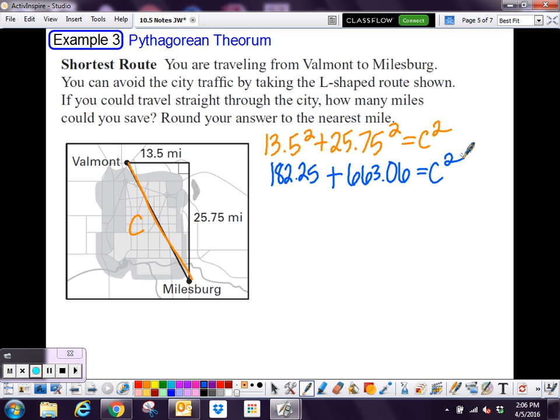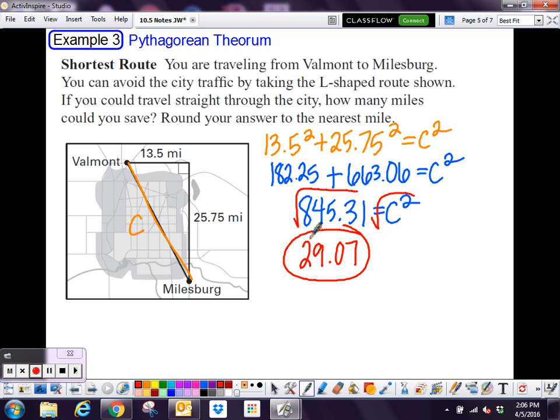So I'm going to do 663.06 plus 182.25, which is 845.31, is equal to C squared. And now I'm going to take the square root of both sides. So the square root of 845.31 is 29.07. All right, so that gets us the C side.